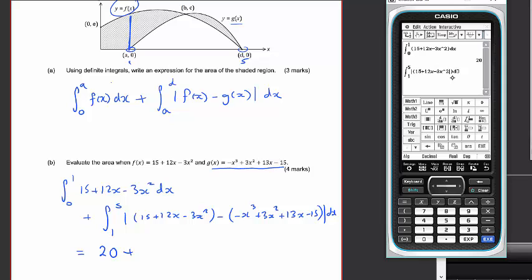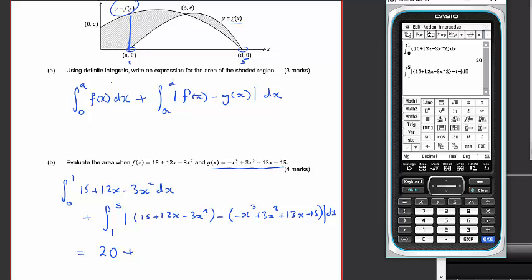And that bracket's in the wrong place. This one here. So let's just get rid of it, and then make sure we're inside that modulus, and then we'll take away the other function.